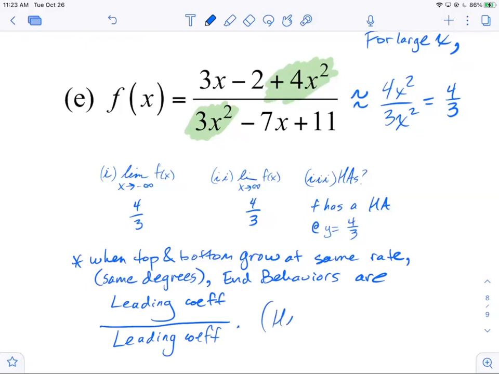And then, of course, you will have a horizontal asymptote as well at y equals leading coefficient over leading coefficient.